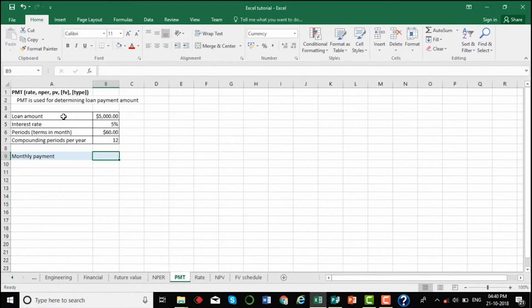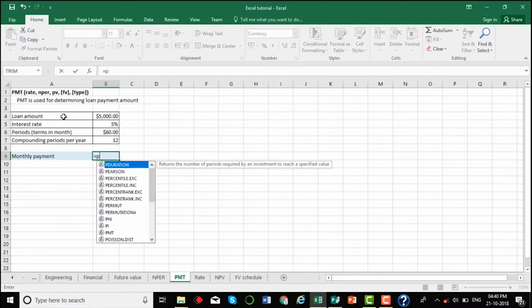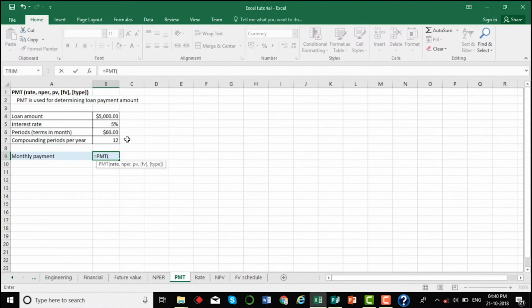So to do this, use the formula equals PMT, open parenthesis, rate. The rate here is 5% for the entire year. So for a month, you divide it by 12, comma. NPER is the number of payment periods which we have seen in the previous function, which is 60 here. So select it, comma.